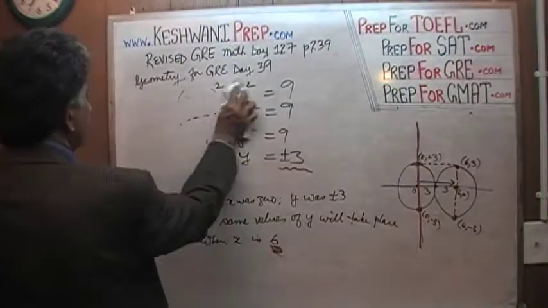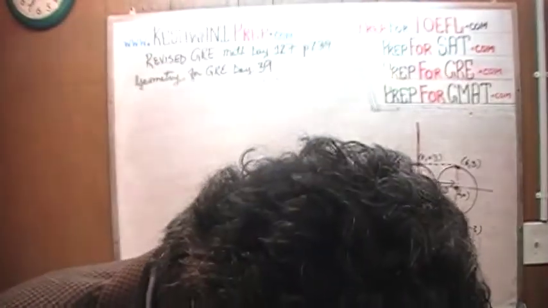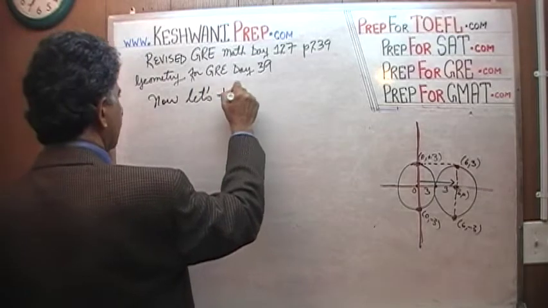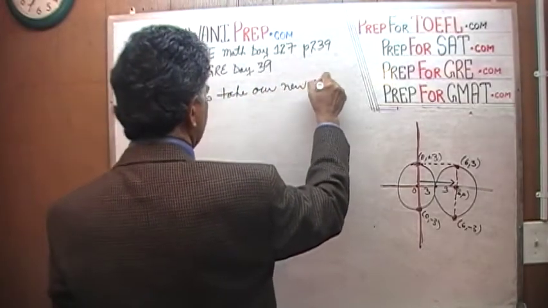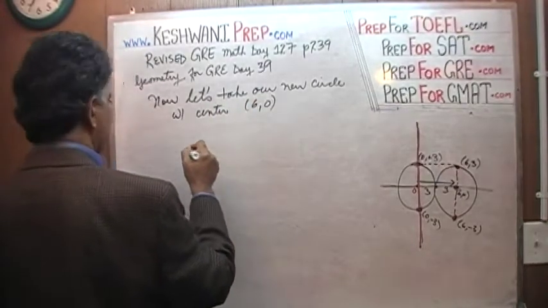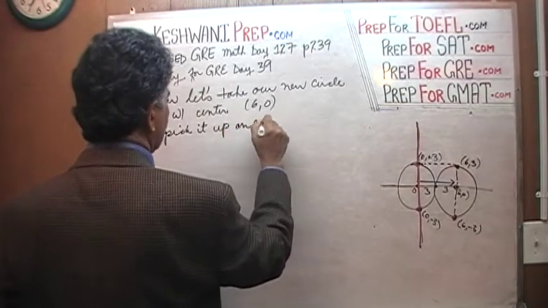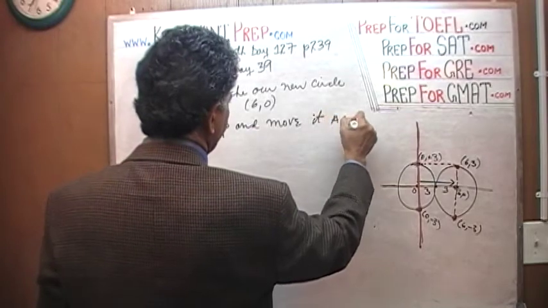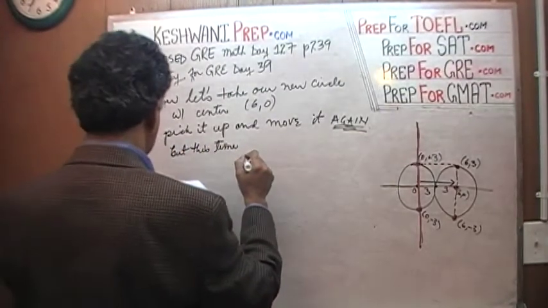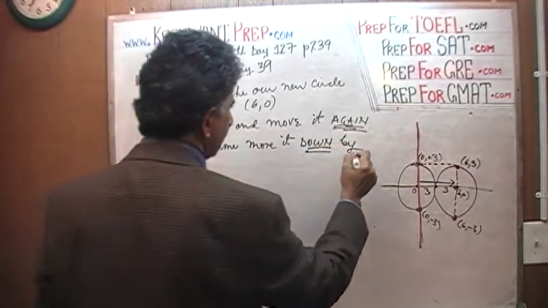Now, let's take our new circle with center 6, 0, pick it up and move it again, but this time move it down by 5 units.